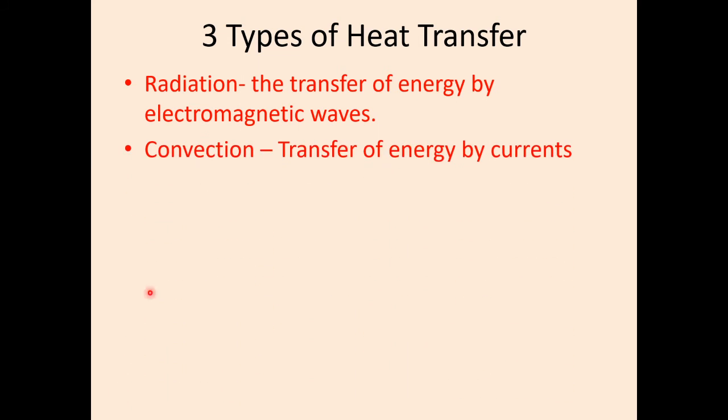Alright, second type of heat transfer is through convection. This is the transfer of energy by currents. Normally when we're talking about convection, we're only talking about energy transfer through either liquids or through gases. So, through water or through air. Convection currents is how the oceans stay relatively the same temperature.